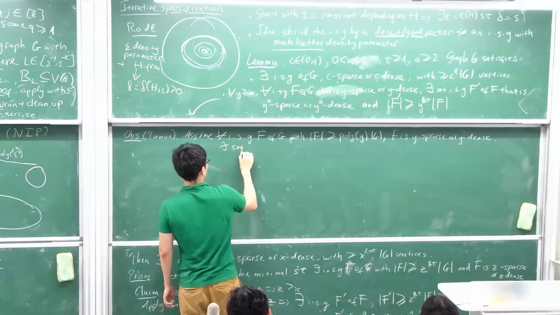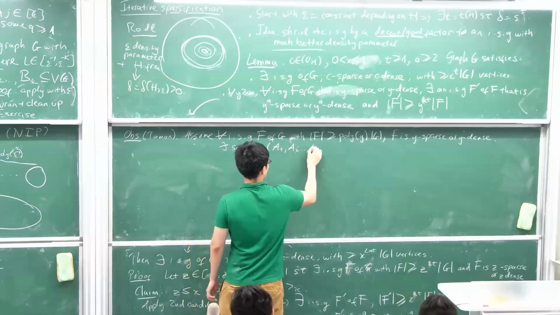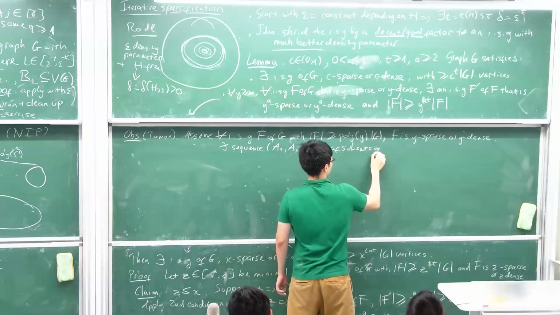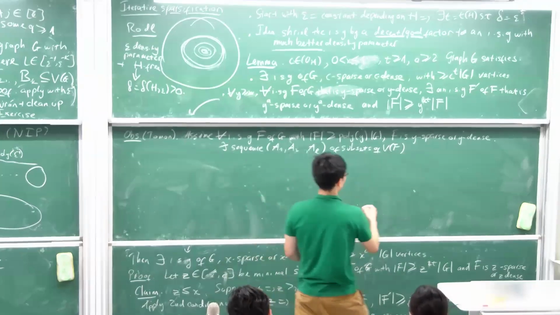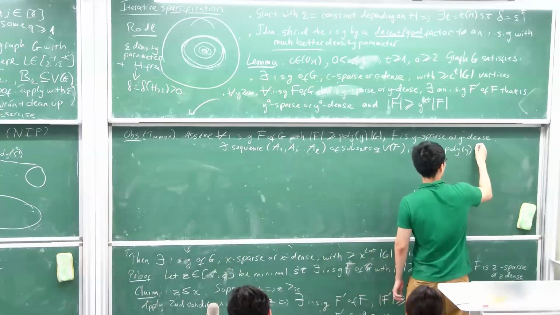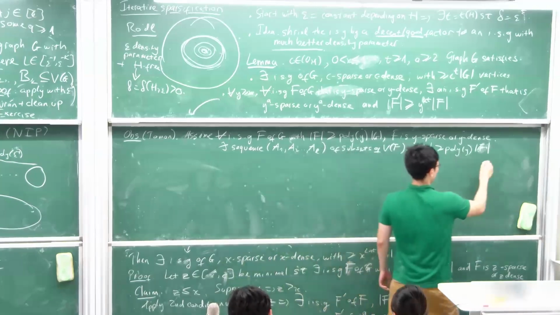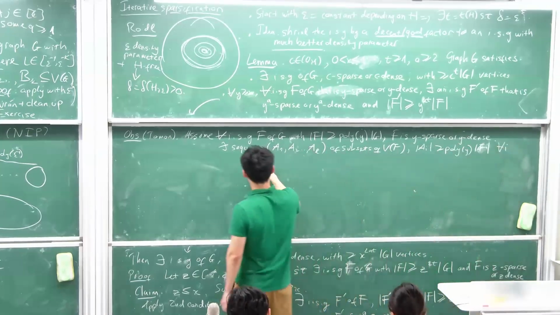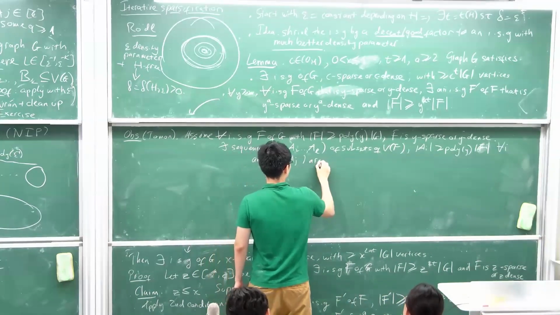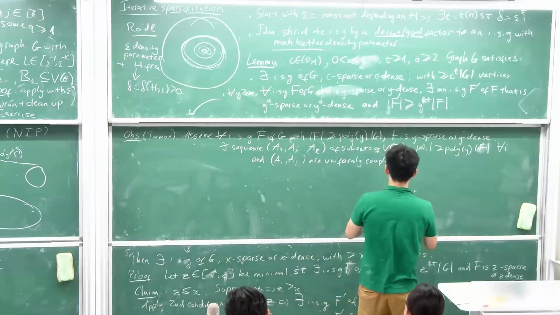there is a sequence A1, A2 to AL of subsets of F such that each Ai has size at least poly y times F, the density is conditional y, and Ai, Aj are uniformly complete or uncomplete to each other.